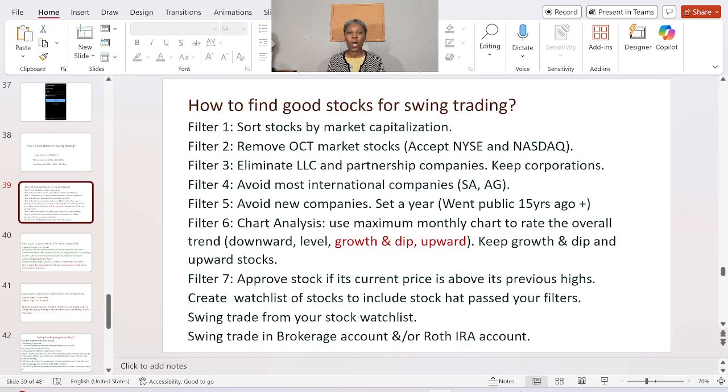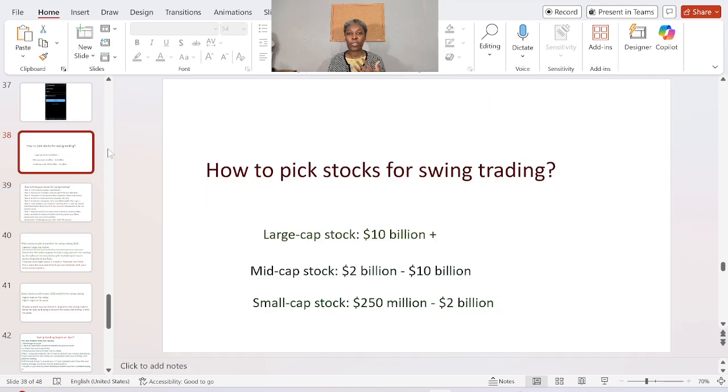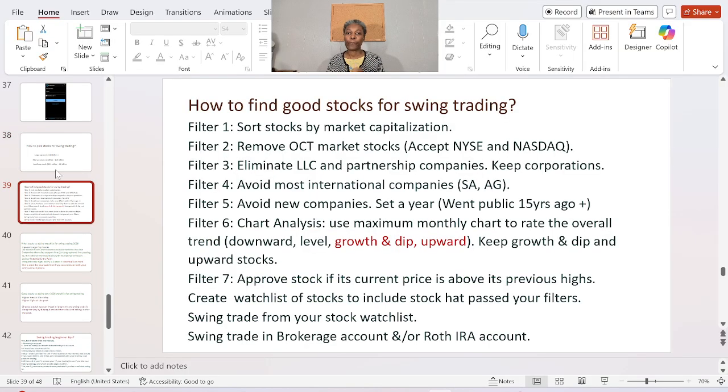So I will see if the stock is a large cap stock, and then I will only keep stocks that are selling on the New York Stock Exchange or NASDAQ, and those are things you can easily find about a stock. And I don't want the stock to be an LLC or a partnership, so therefore a corporation.